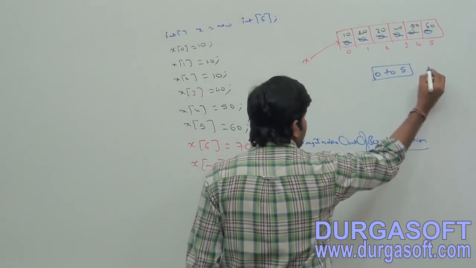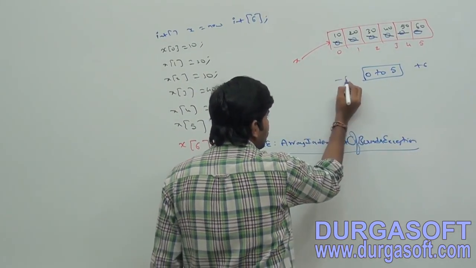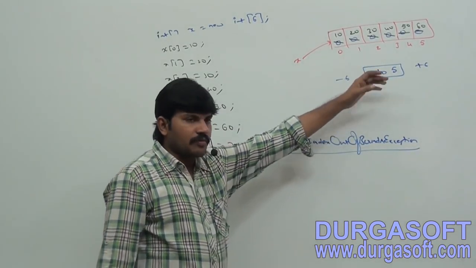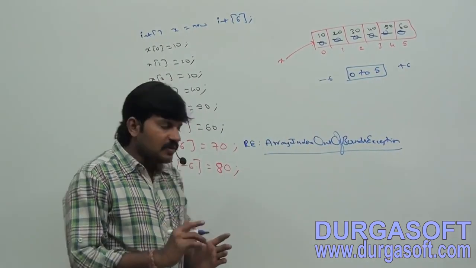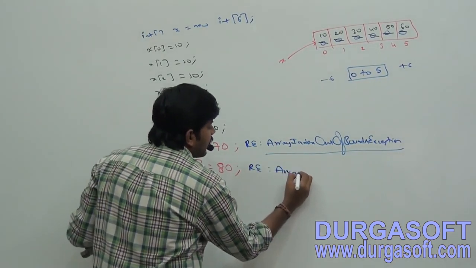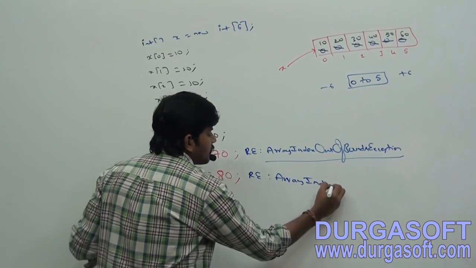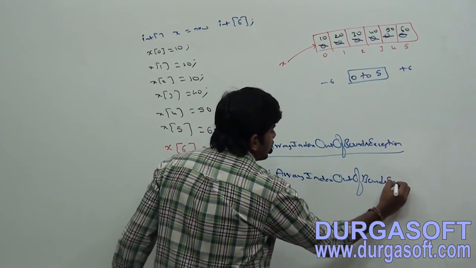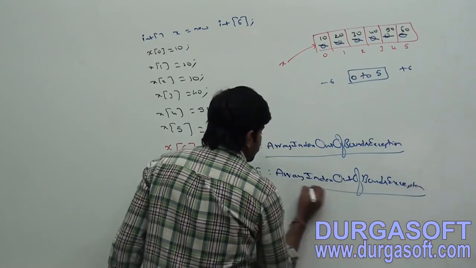Plus 6 means here, minus 6 means here. Out of range only. Actually the valid range is 0 to 5. Either plus 6 or minus 6, out of range. That's why the same exception, array index out of bounds exception, we are going to get.